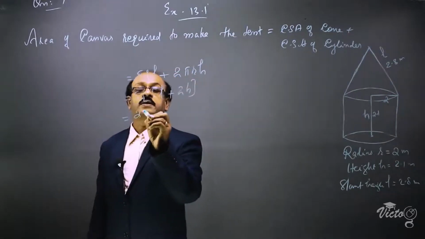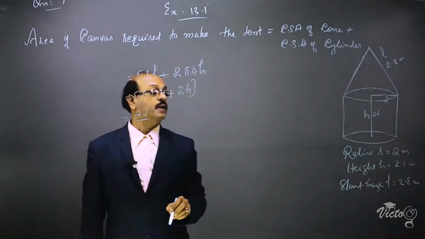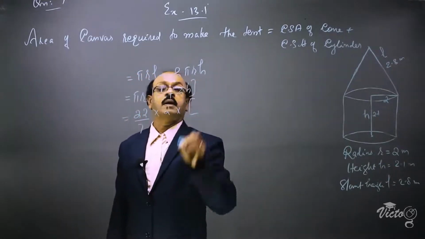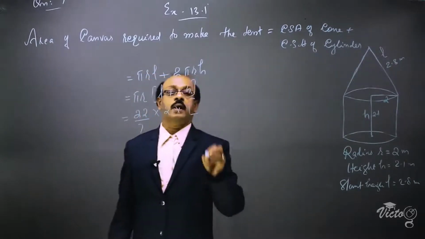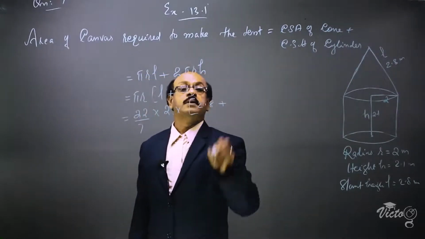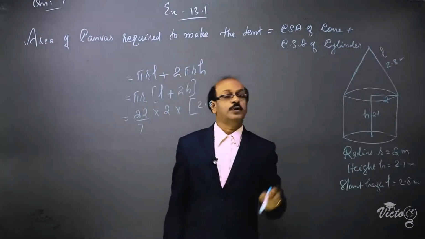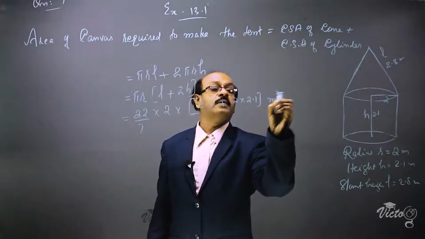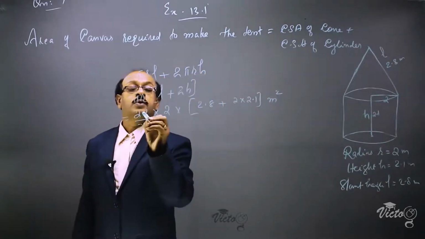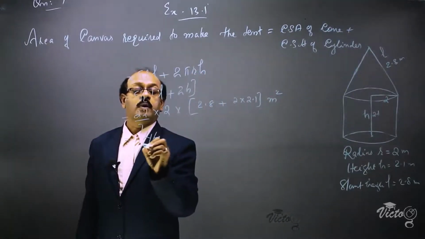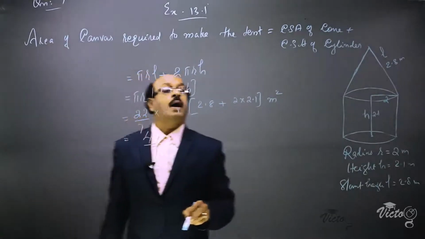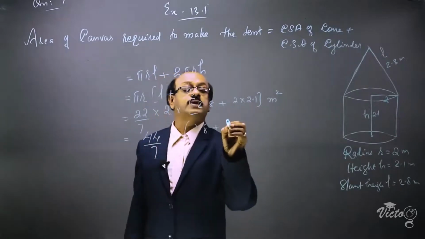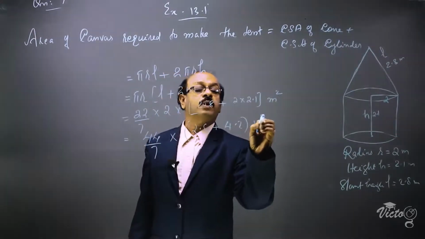Giving values, pi is equal to 22 by 7 into radius r is equal to 2 into, within brackets, L, which is equal to 2.8, plus 2 into h. h is equal to 2.1, so it is 2 into 2.1. This is equal to 22 into 2, 44 by 7 into, adding 2.8 plus 2 into 2.1, which is equal to 4.2 meter square.